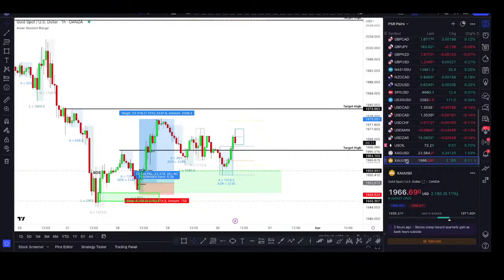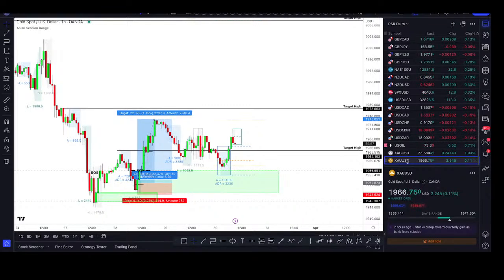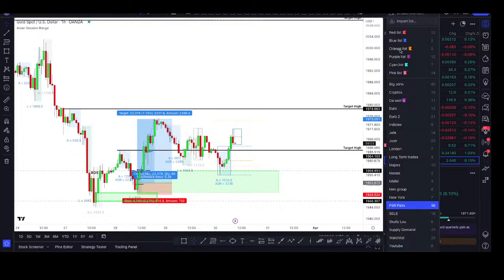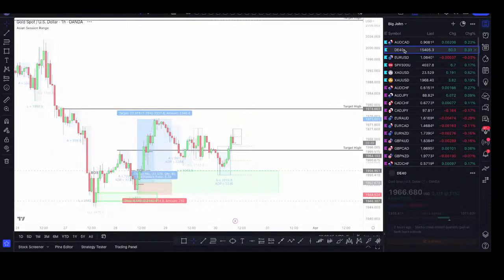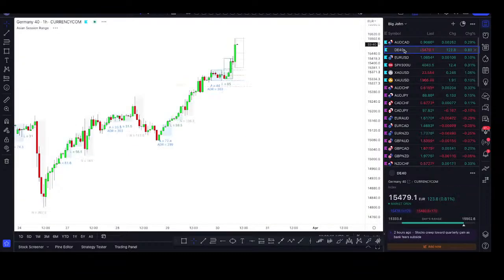I'm just checking my German 30 because I don't want to miss the trade. Yeah, we've grabbed the liquidity on German 30. Let's go over to that quickly. Give me a second. I don't want to miss this trade. This is a Neo trade, so I don't want to miss it. Let's go to the 4-hour time frame.